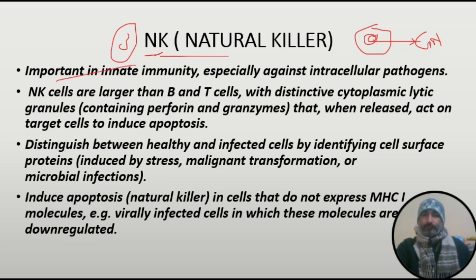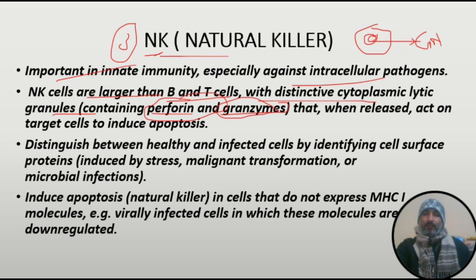Especially against intracellular pathogens. Natural killer cells are larger than B and T cells with distinctive cytoplasm because they have lytic granules called perforin and granzyme. That's very important. One is granzyme and another is perforin. Perforin is just a protein that perforates the bacteria.